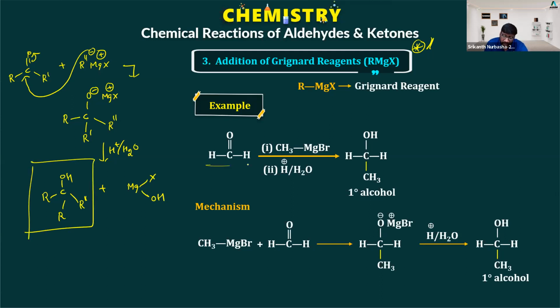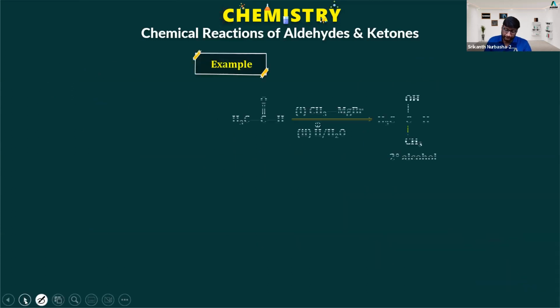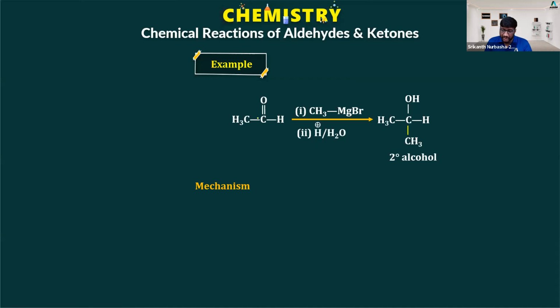If you take formaldehyde, you get primary alcohol. If you take any other aldehyde except a formaldehyde, you get secondary alcohol. If you take ketone, you will get a tertiary alcohol. The same mechanism we have even discussed in the chemical methods of preparation of alcohols. If you take CH3 C double bond H, you will get a secondary alcohol, same mechanistic approach.